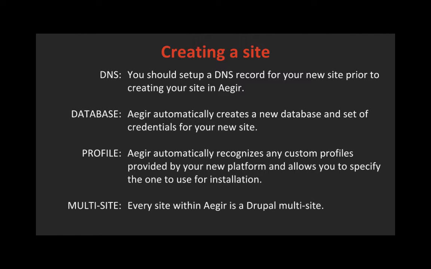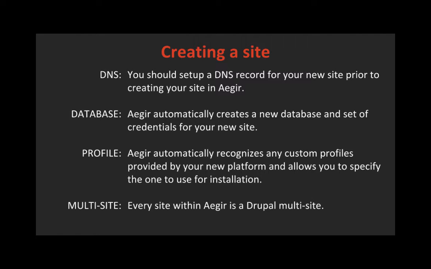So creating a site in Aegir, you just have to set up a DNS record. That's really the biggest thing, and then you fill out a form. Aegir is going to automatically create the database for you. Any custom installation profiles that are in your platform will automatically be recognized and presented to you on a list of radio buttons. So you just pick which profile you want.